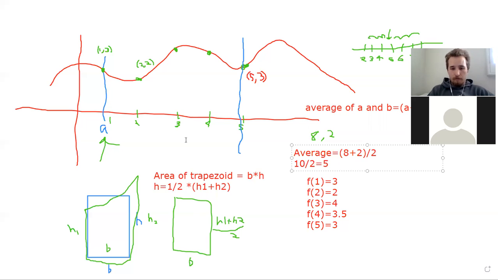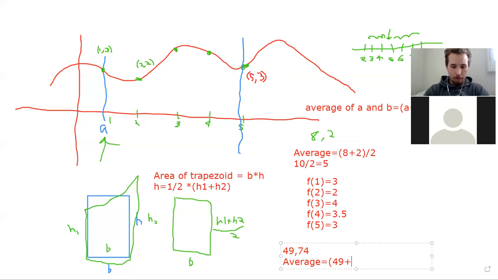So I'm just going to do another average one. Let's take the average of 49 and 74. And I don't even know what that average is, right? So we'll take the average equals the two numbers, 49 plus 74, and then all over 2.